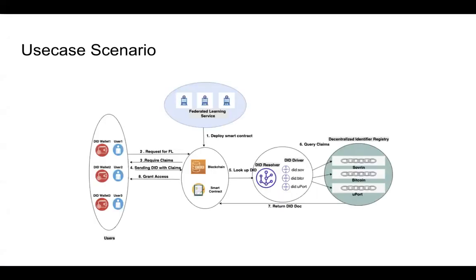So this is our use case scenario. At first, a group of hospitals can set up the federated learning service, and they deploy the smart contract to the blockchain network. In the smart contract, it defines the access policy, which type of claims are required for their data.